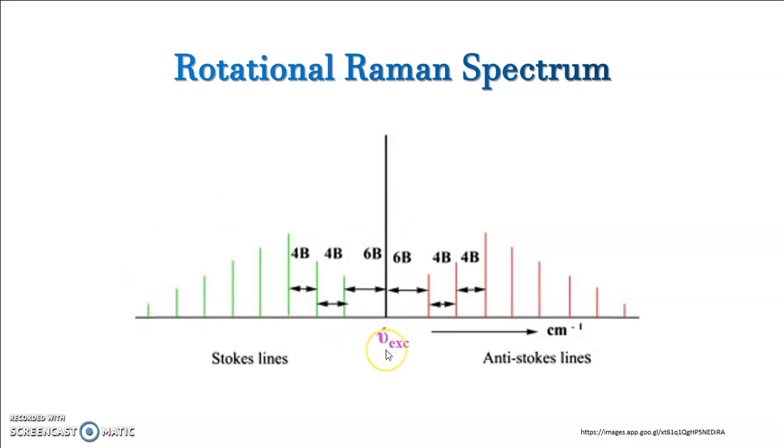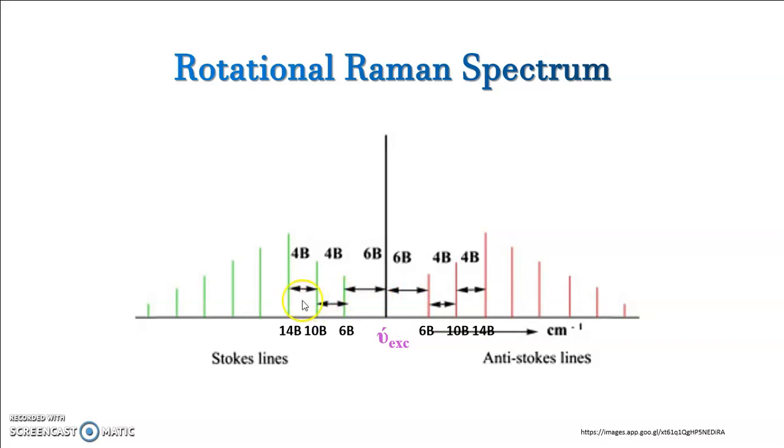There is nu bar excitation in the middle, and the Stokes and anti-Stokes lines are distributed on two sides, like 6B, 10B, 14B, etc. If we look into the spectrum, we can see that the first line is shifted by 6B centimeter inverse from the excitation wave number, both on left and right.